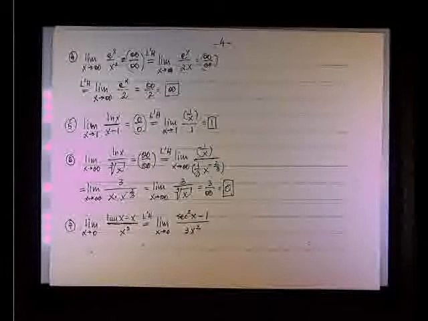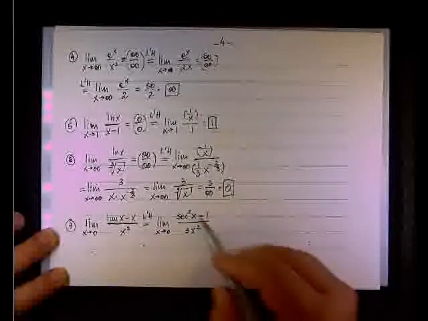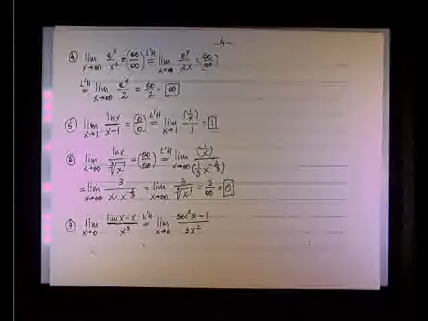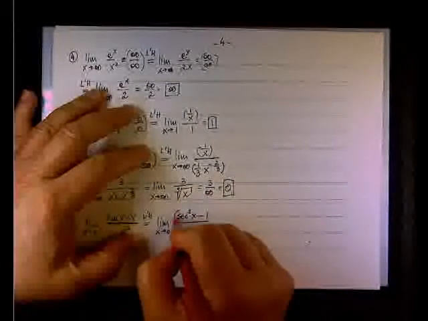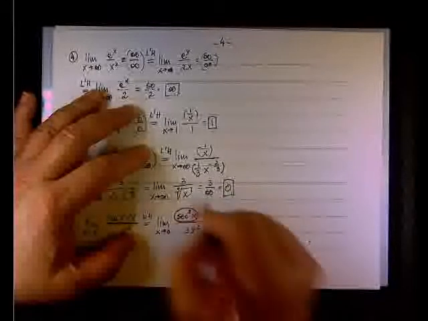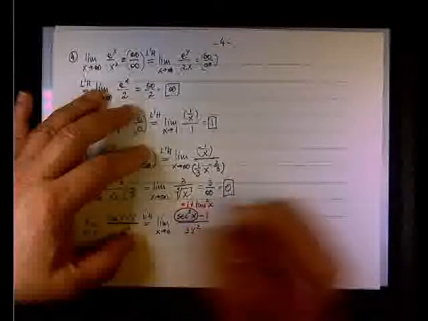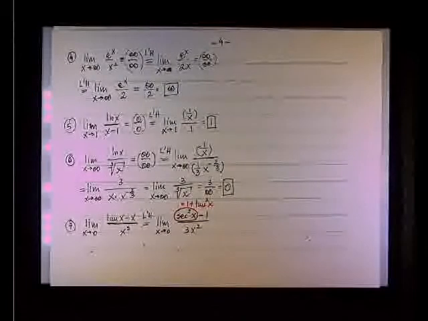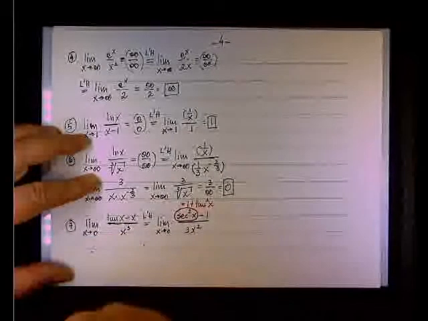Look at the 3 Pythagorean identities, and you can see that secant squared is 1 plus tangent squared. So if you substitute, secant squared is 1 plus tangent squared, then this will simplify somewhat. You have 1 plus tangent squared minus 1.